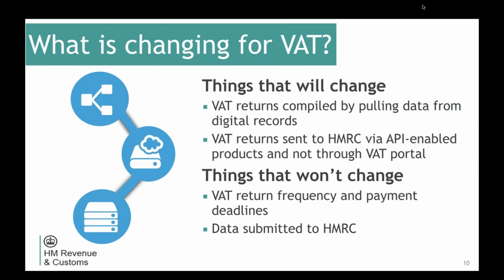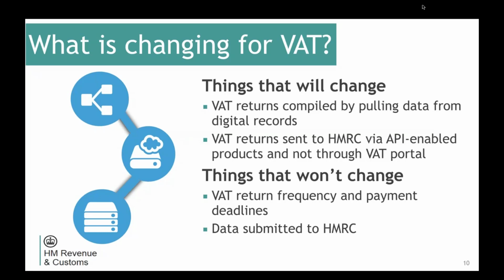So what is changing for VAT? I think I've already alluded to a couple of points here. What will change is that VAT returns must be compiled from pulling data from digital records. That's your digital record keeping mandation, and VAT returns must be sent to HMRC through API-enabled products and not through the VAT portal.